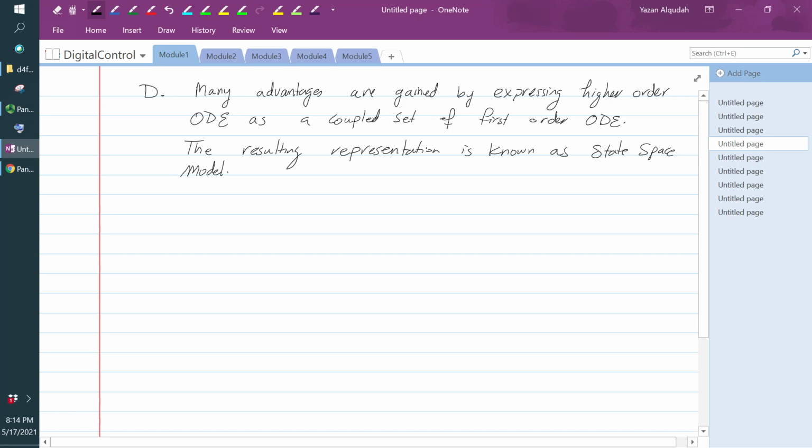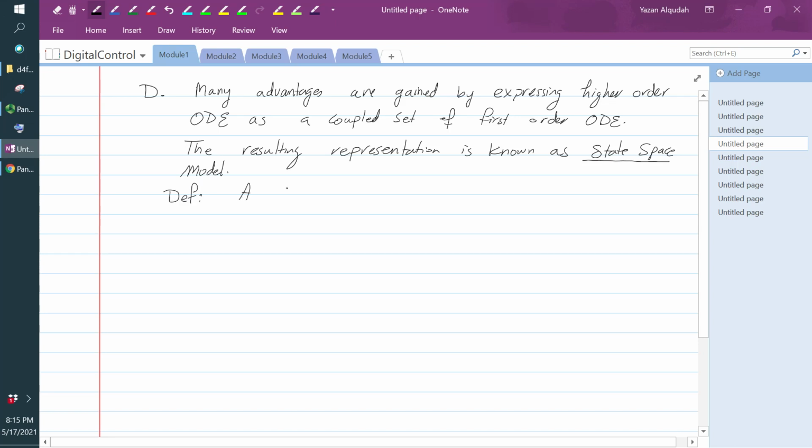Now, as we will see, this state space representation gives us significant insight into the process dynamics. And of course, it facilitates the computation and the solving of the output of the system. So therefore, the fourth representation that we're going to be looking at is the state space representation. And let's have a formal definition.